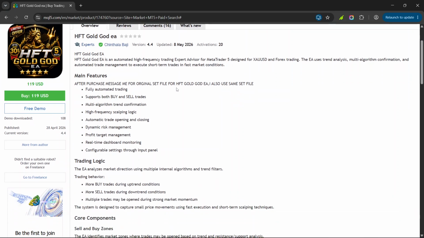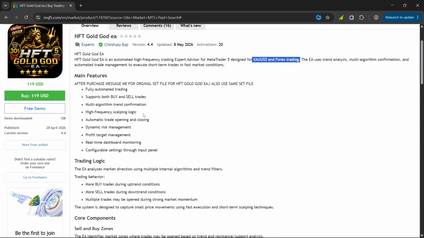According to the MQ5 page, HFT Gold God EA is an automated high-frequency trading expert advisor designed for gold USD and other forex pairs. As we can see, it analyzes market direction using multiple internal algorithms and trend filters.